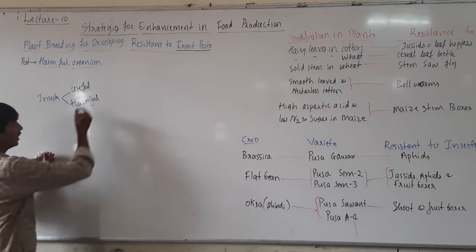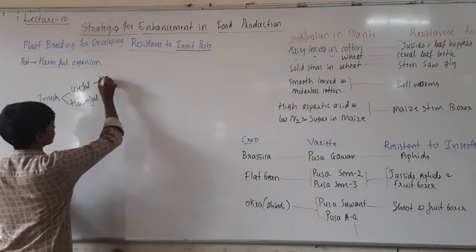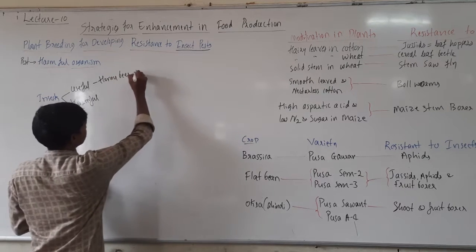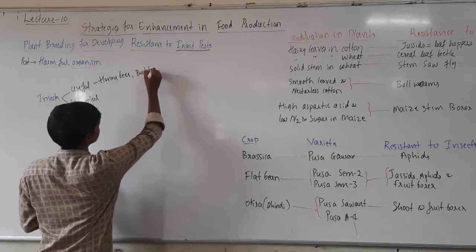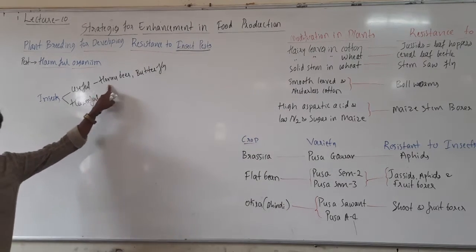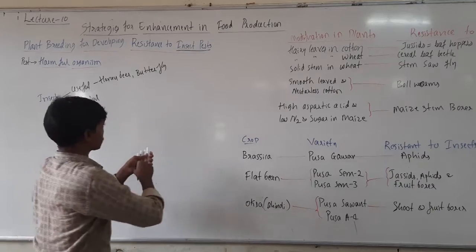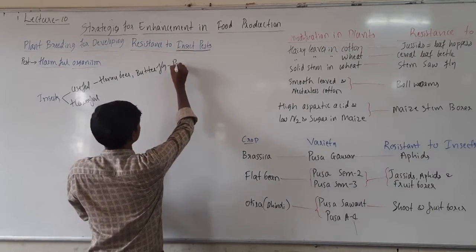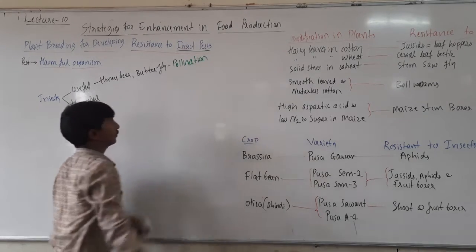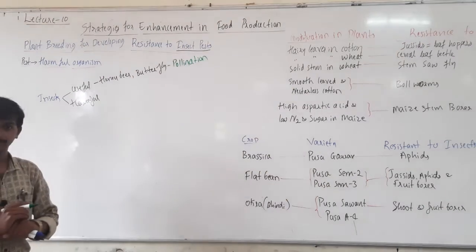Useful insects are like our honeybees, our butterflies, etc. They are useful for the plants for the process of pollination.